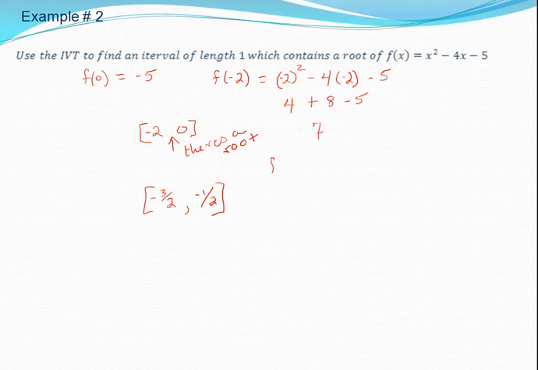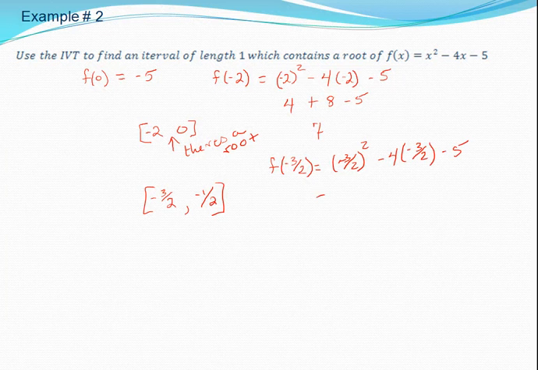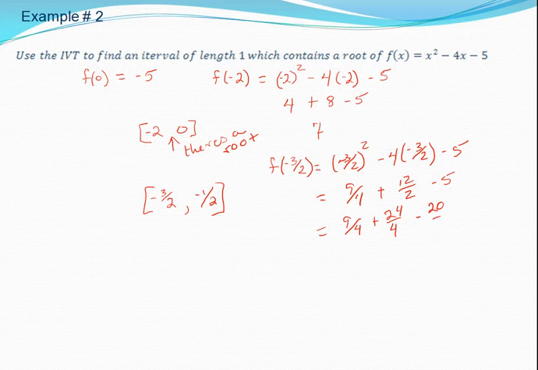So if I take f of -3/2, and I do the math, common denominators, I get a positive 13/4.